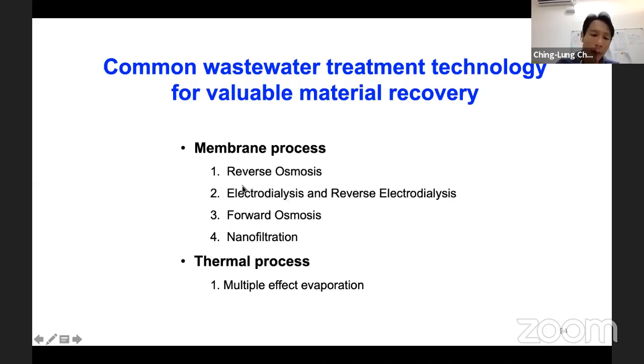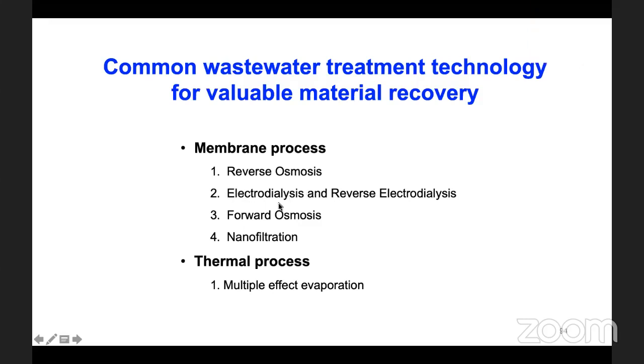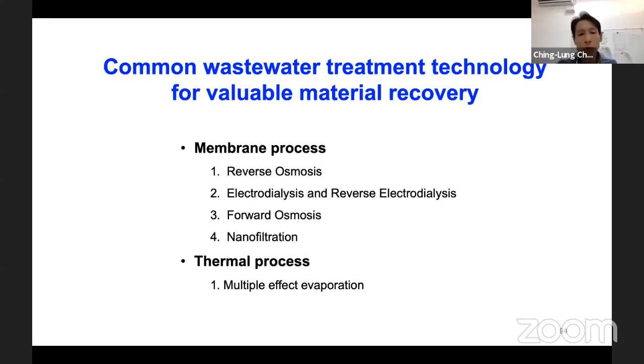Right now I'm using the electrodialysis method to treat the wastewater and also recover the metal. The next one is forward osmosis, and the fourth one is nanofiltration.